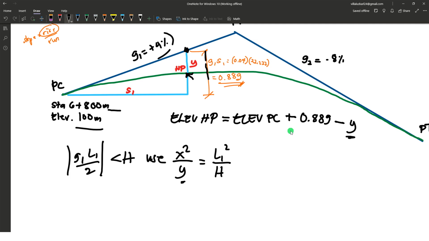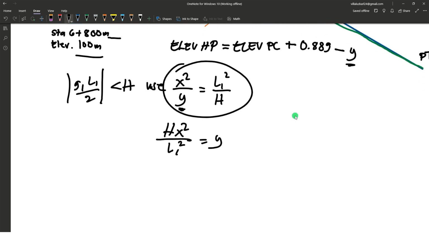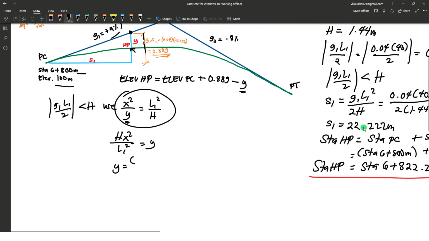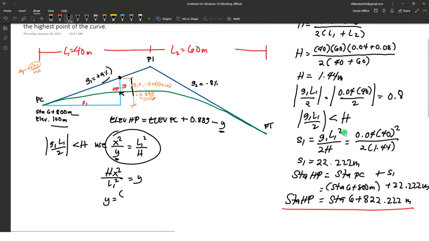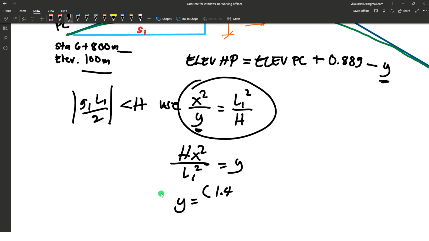So let's determine y. So let's isolate y. In this given equation, we will have h x squared over L1 squared equals to y. So that's the solution determining the y. So y therefore is equals to h. The computed h is 1.44. So h is 1.44 x squared. So x is 22.